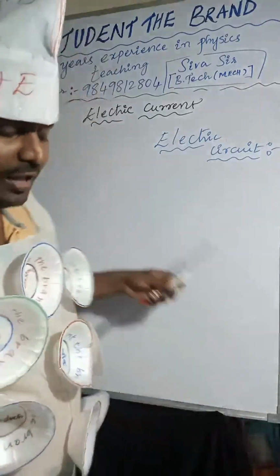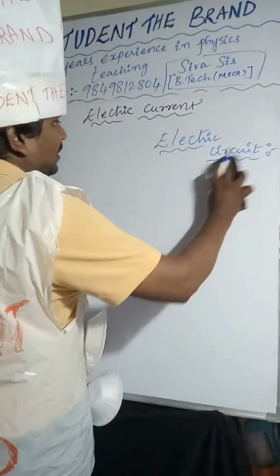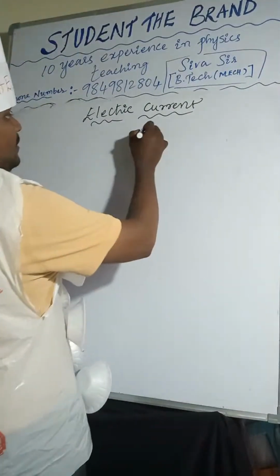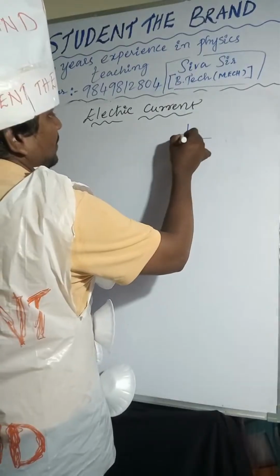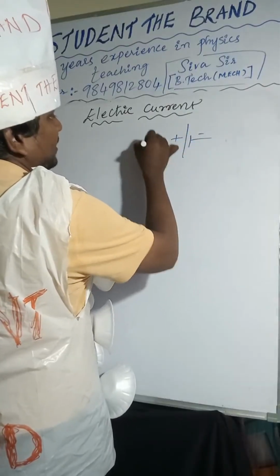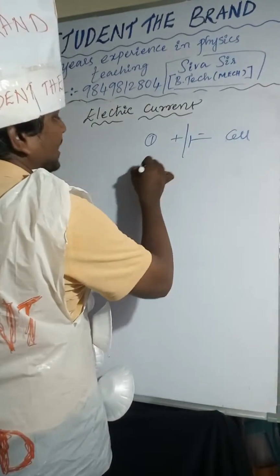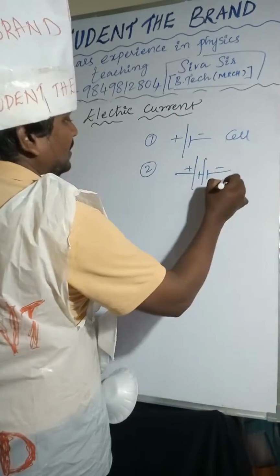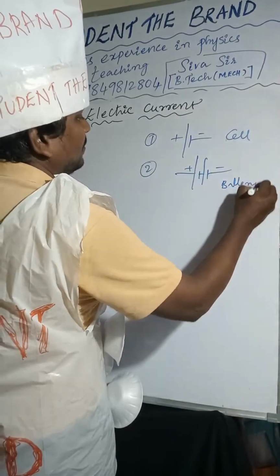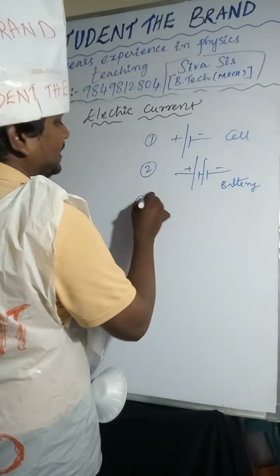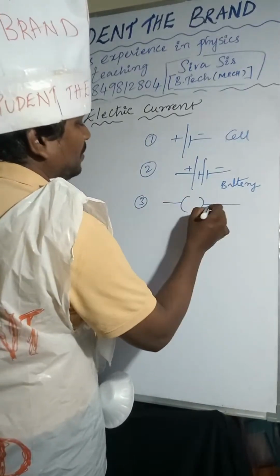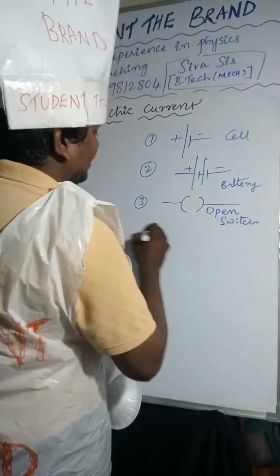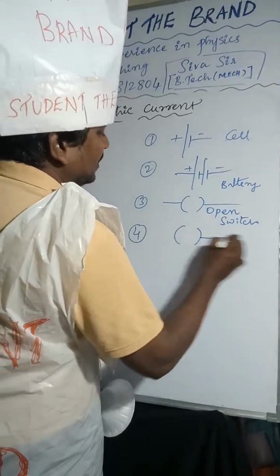Before going to all those points, we'll go to the next one, the circuit symbols. First one is the cell, with a positive terminal and a negative terminal. Second one is the battery. Third one is the switch, this is the open switch, and the fourth one is the closed switch.